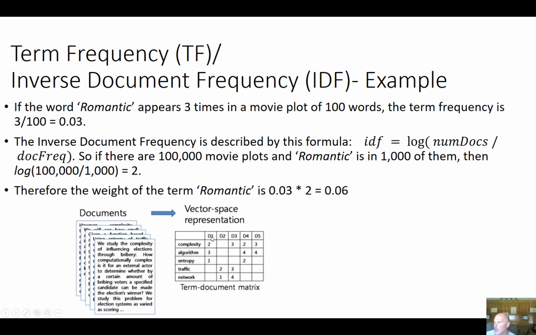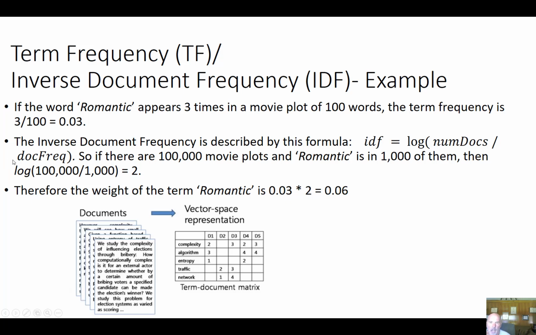The example given above is that "romantic" appears 3 times in a movie plot of 100 words. If there are 100 words in there, then it's 3%, 0.03, right there. And so the IDF is the log of the number of documents over the document frequency.